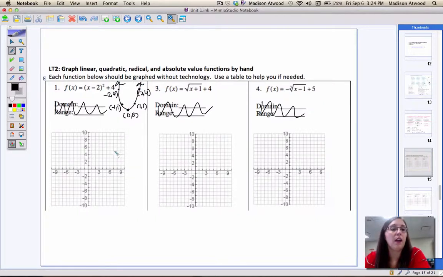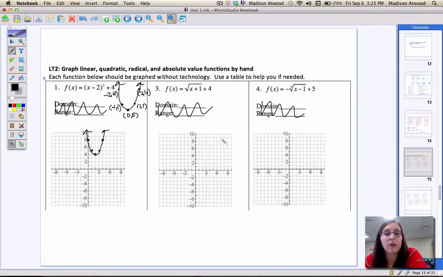And so I'm going to graph this same function, but I'm going to slide it over 2 to the right and 4 up. So I know my vertex is going to be 2 to the right and 4 up. And then I'm just going to follow the same general pattern as our normal one because this isn't reflected and it's not dilated at all. So I'm just going to go over 1, up 1 for each point after that, and then over 2 and up 4, and then I'm just going to graph it.